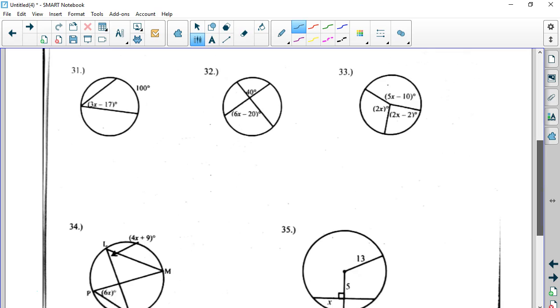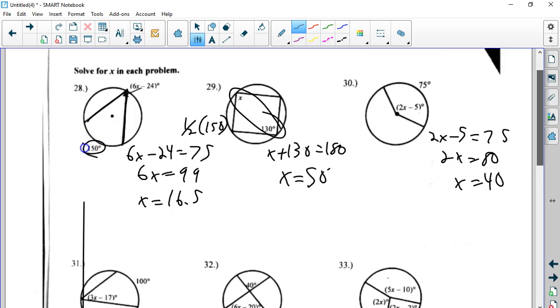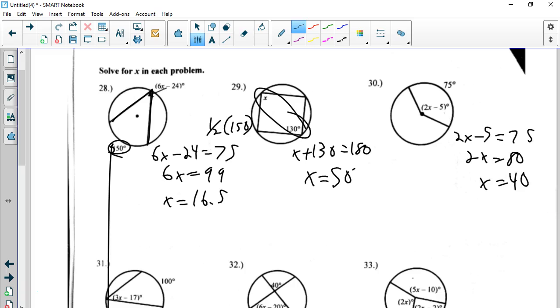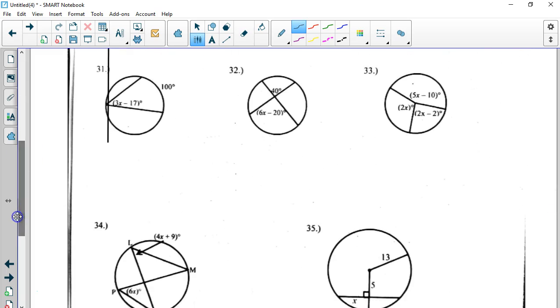Again, an inscribed angle, so half of 100, whoops. Half of 100 is 50, so 3x minus 17. You can just go right to it and write 50 if you want. Add 17, 3x equals 67.